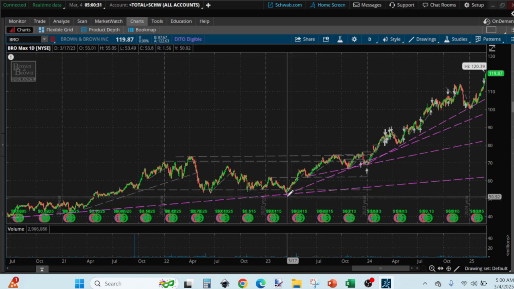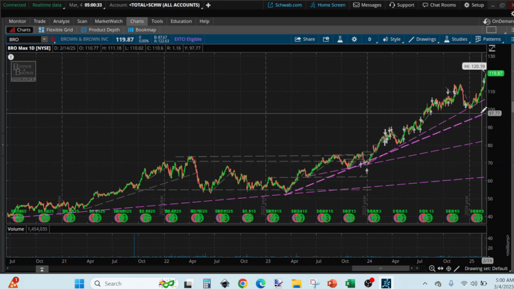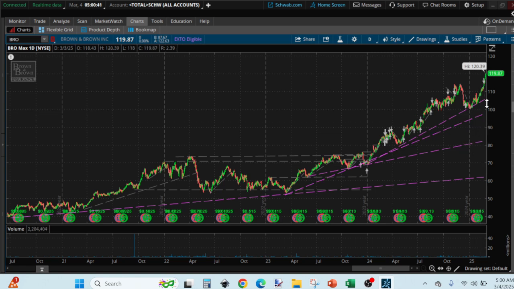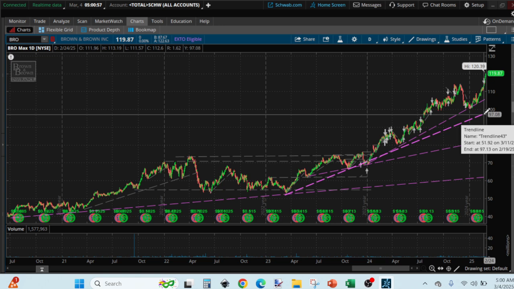So it will be the line that we will want to buy at next time it pulls back to it. But again, there is not much distance between the two. But we'll just keep an eye on it. If it reaches that line, we will see if it's going to go up from there, or if it's going to come down to this one.